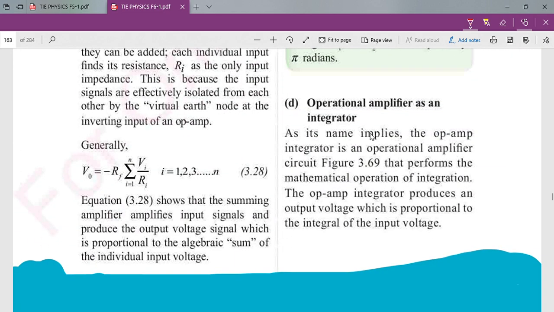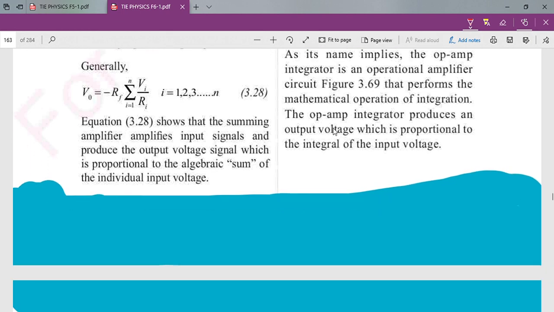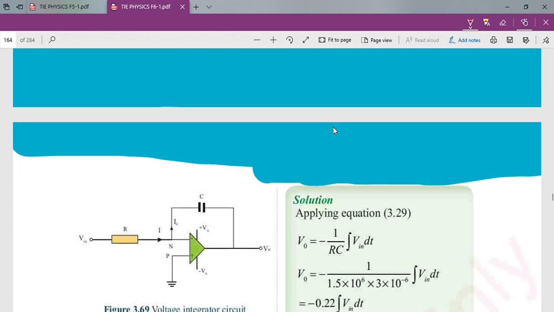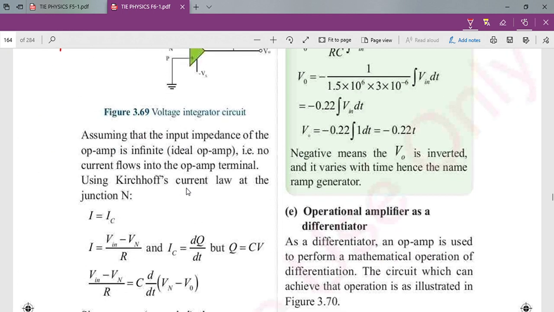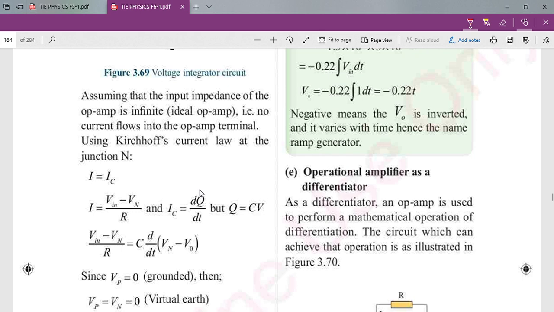We have the operational amplifier as integrator. For the case of the integrator, the capacitor is connected to Vn, the inverting input. So you can take I is equal to IC. You know IC from the concept of electrostatics: IC is equal to dQ over dt, the charge, but you know the charge is CV.